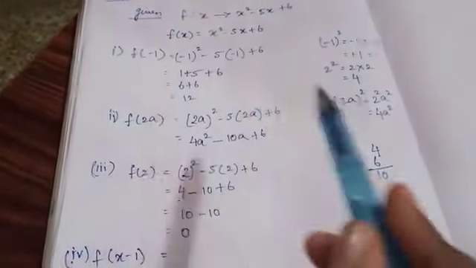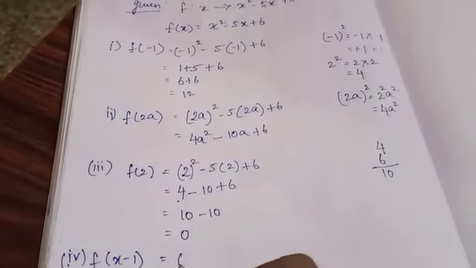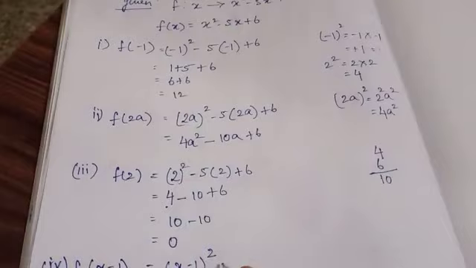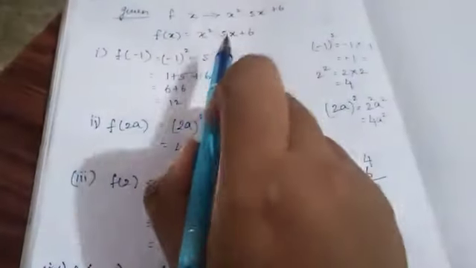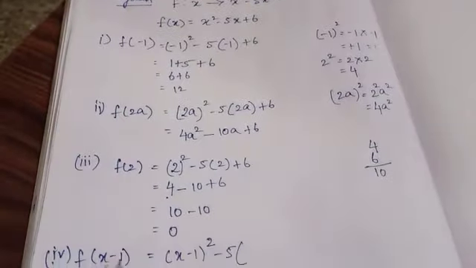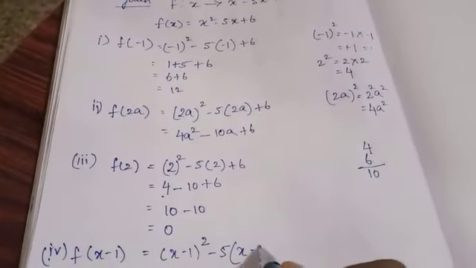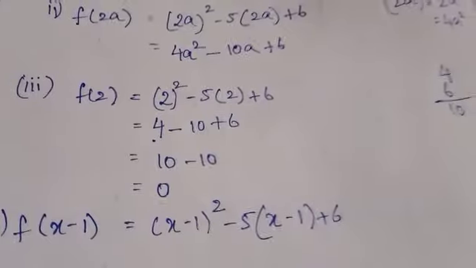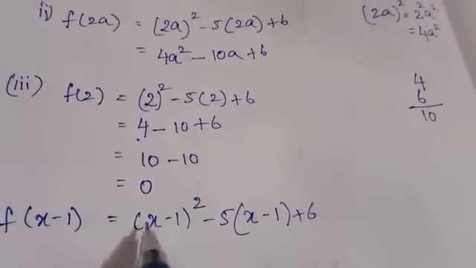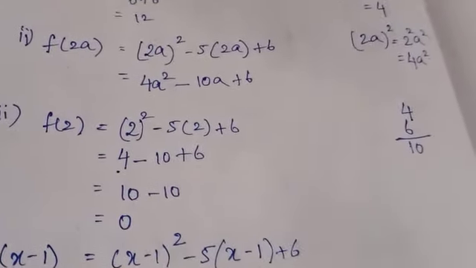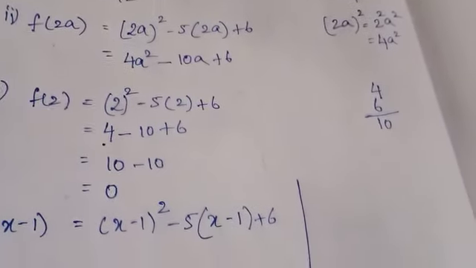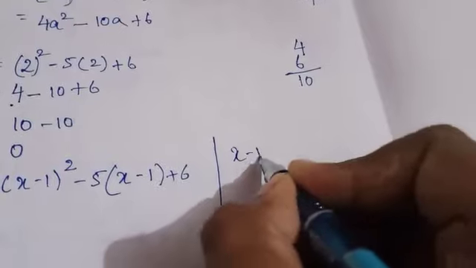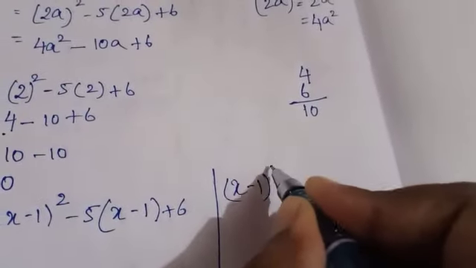So in place of x I am substituting x minus 1 whole square, then minus 5 times x minus 1, plus 6. First we have to remove the brackets, right? The first one here is x minus 1 whole square, so I am solving it here.